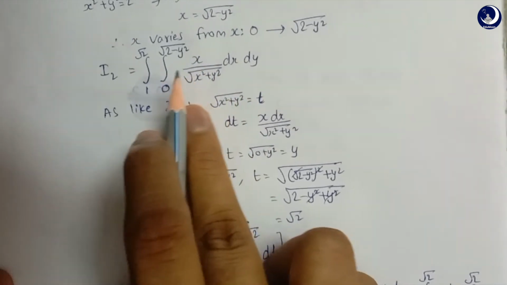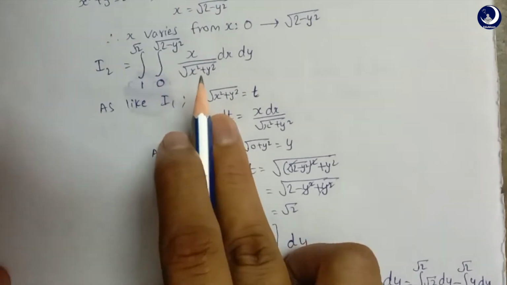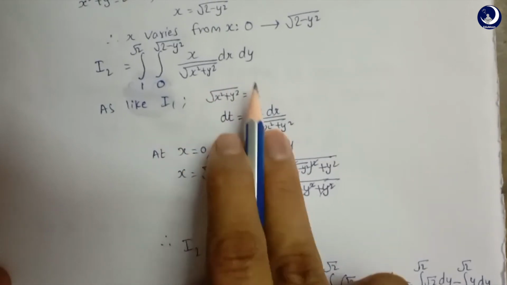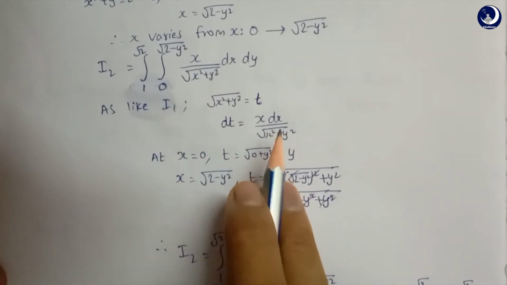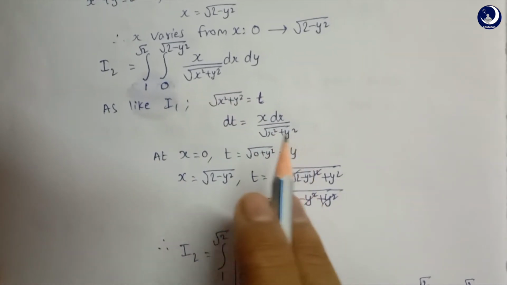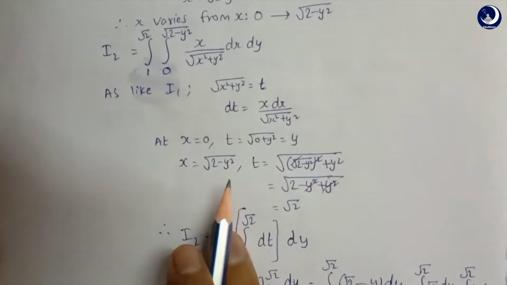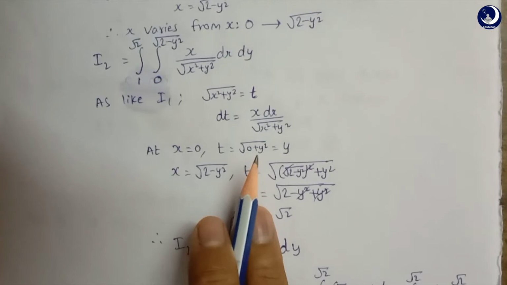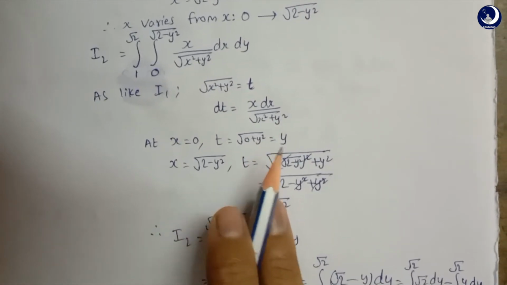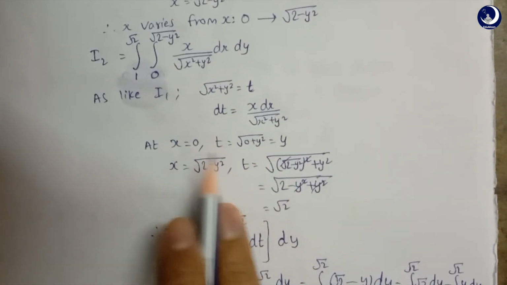Here also we put root over x square plus y square equal to t. Then we get dt equal to x dx by root over x square plus y square. Now we change the limits of t. At x equal to 0, t equals root over 0 plus y square, which equals y.